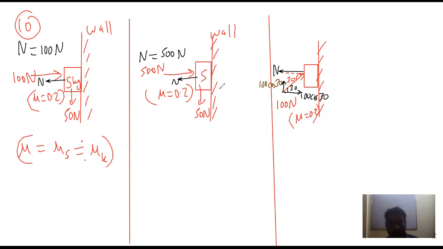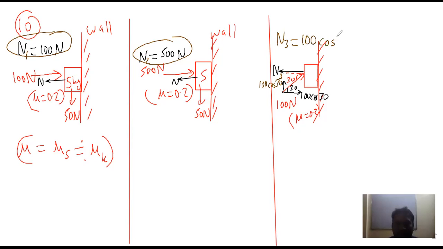Normal reaction here is 100 Newton, here 500 Newton. We can also call them N1 first case, N2 second case, N3 third case. So normal reaction in third case will be 100 cos 30, which is 100 root 3 by 2, which is 50 root 3 Newton. In all cases, we have 50 Newton in downward direction, which is the weight of the body.